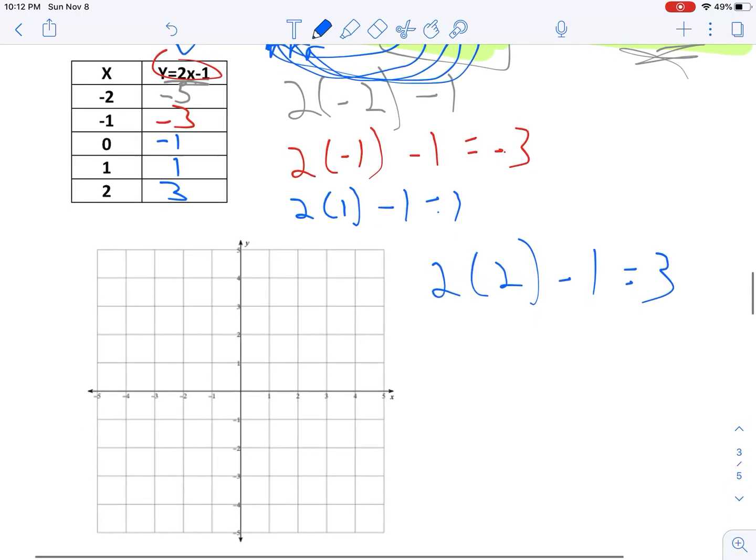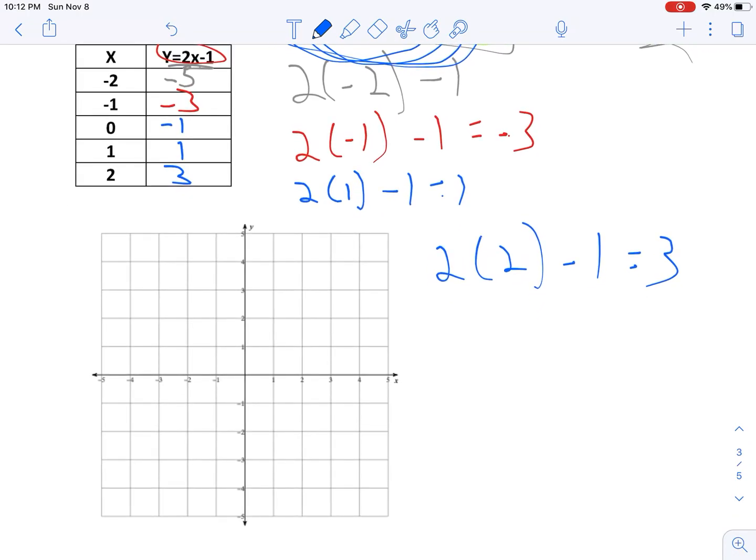Okay, so now I can plot these points. So negative 2, negative 5 is the first point. So I go to the left 2, down all the way to the bottom here, negative 5. Next, I'm going to plot the point negative 1, negative 3. So I go back to negative 1, down 3.